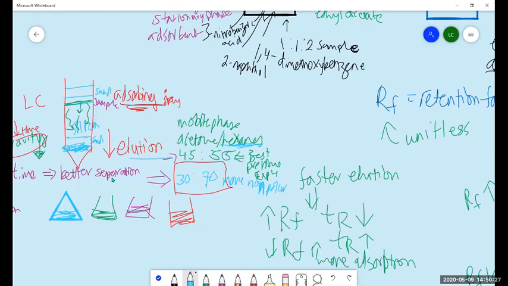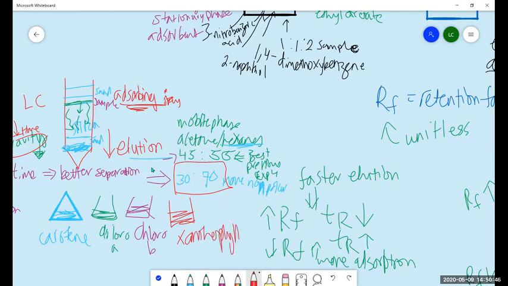So the most nonpolar component we had was carotene. Then we assume this is chlorophyll A. And then we assume this is chlorophyll B. And lastly, we assume this is xanthophylls.